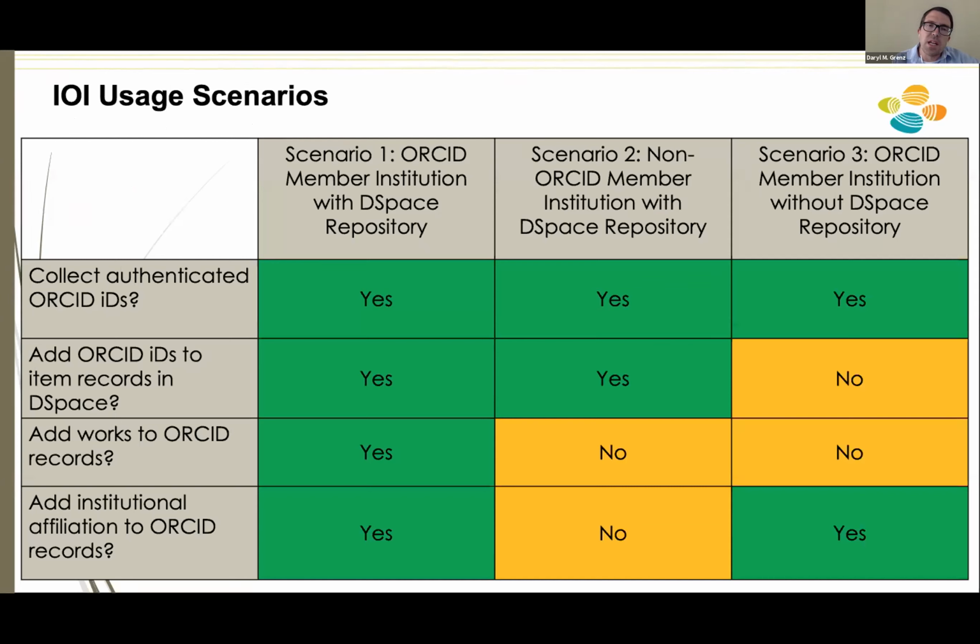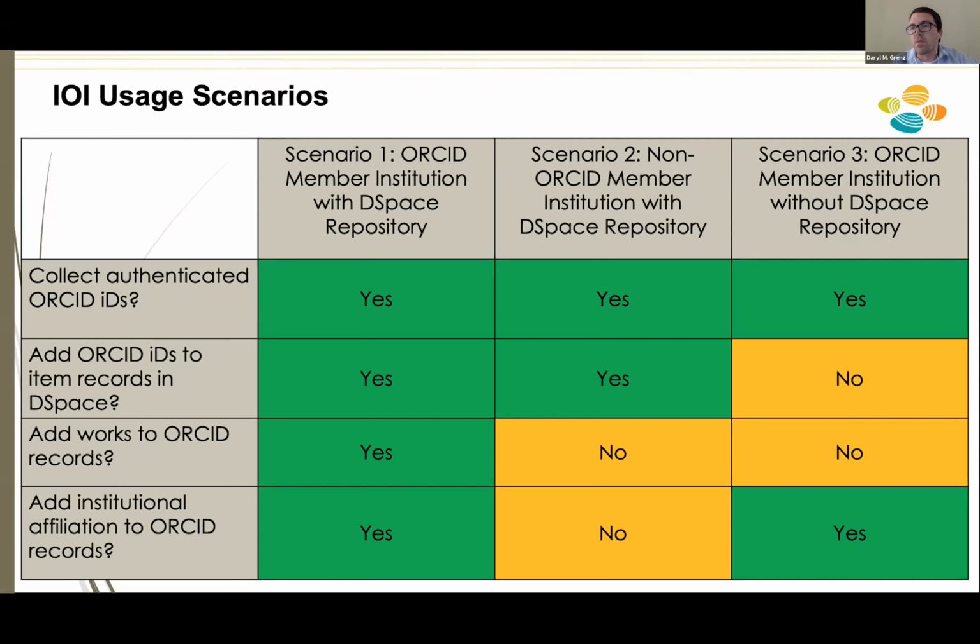We've set it up so you can configure it to work in a few different ways. The way that we use it is the main scenario, the first one: you're an ORCID member and you have a DSpace repository. But it would also work in alternate scenarios. If you're not an ORCID member, but you have a DSpace repository, you can use this for people to authenticate the ORCID ID that they're adding to items in the DSpace repository.